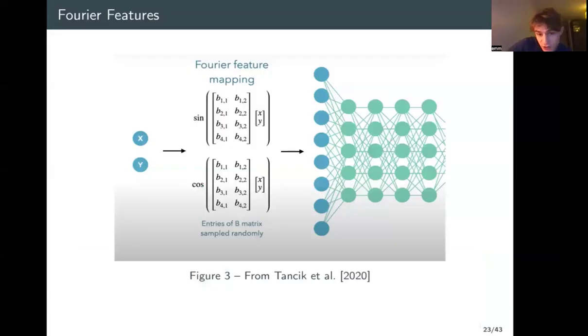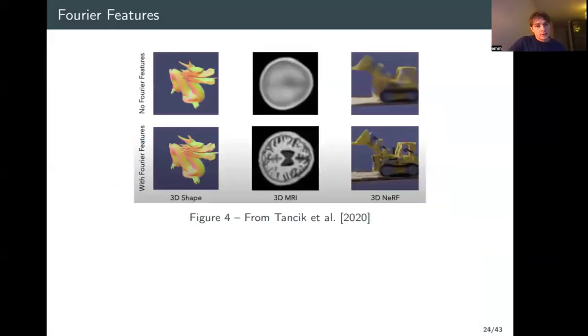Once you have these features, you give them to the neural network. In practice, in this application, I'm not sure they're learnable, and I don't know if there's a very big difference between learnable and non-learnable in practice. Obviously it depends on your initial random distribution, which is aimed towards solving problems at a given frequency.